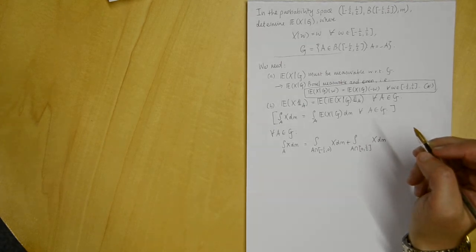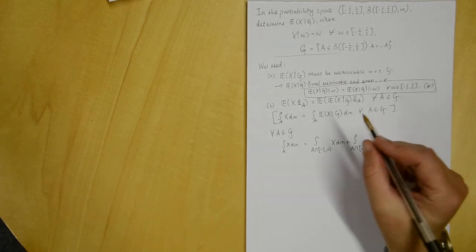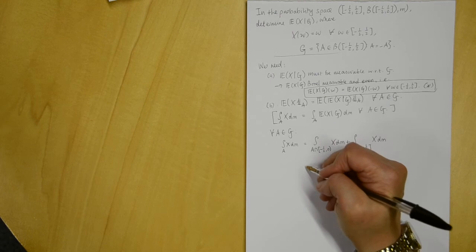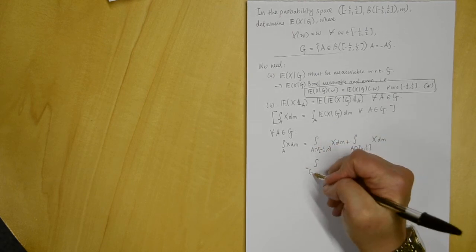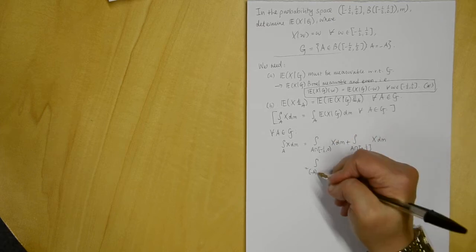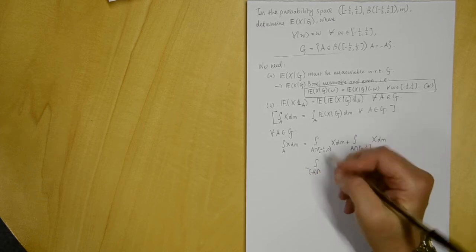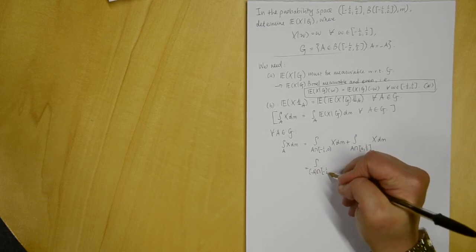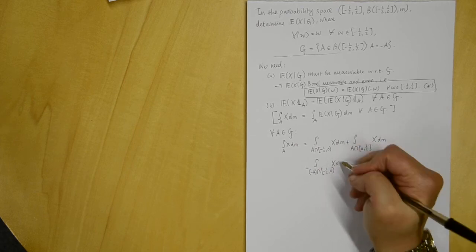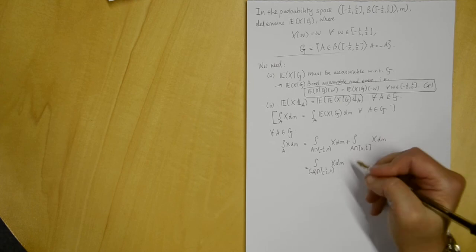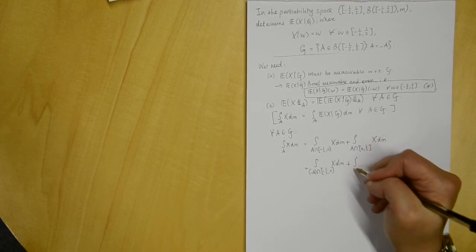The reason why I've split it like this is because we know that A is equal to minus A, so the first integral is exactly the same as the integral over the part of minus A that sits to the left of the origin, of X dm, and the second integral just stays the same for now.